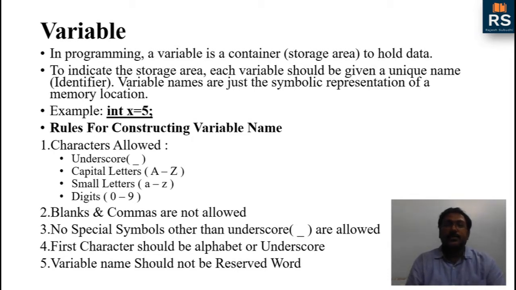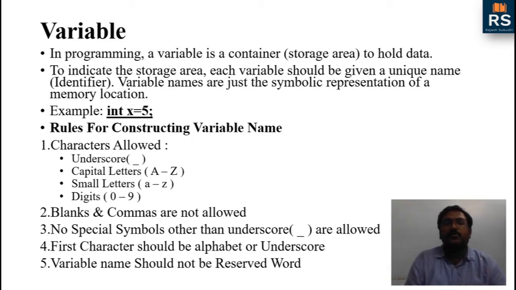The fourth rule is that the first character of your identifier or variable name should be an alphabet or an underscore. You cannot start your identifier or variable name with a numeric value. Then at last, this is a very special rule: the variable name should not be a reserved word.